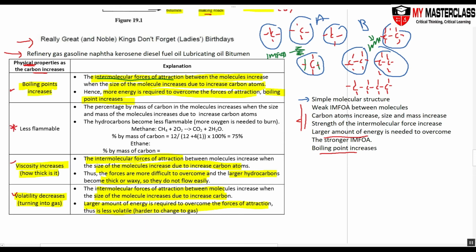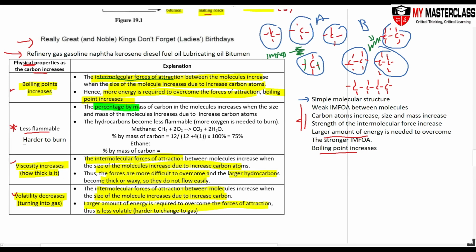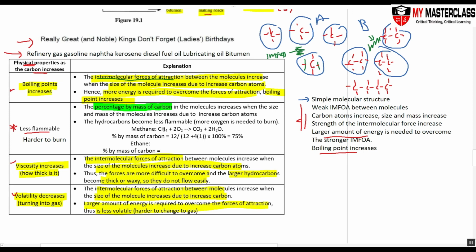When the carbon increases, it becomes less flammable. Less flammable, it is harder to burn. So when we talk about flammability, we use this idea called the percentage by mass of carbon in the molecule. If I have a combustion reaction, for example, methane burning to give me carbon dioxide and water. Burning means you need oxygen, so oxygen has to be one of your reactants.